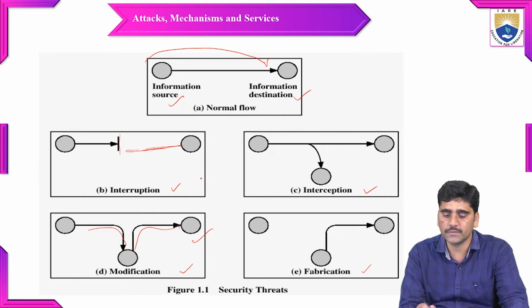So in interruption, there is no need to modify and no need to gain; he just disrupts the data. In interception, he observes how the data is transferred to the destination. In modification, the data is disrupted and modified by the attacker.